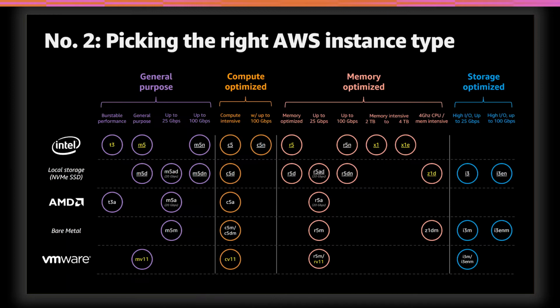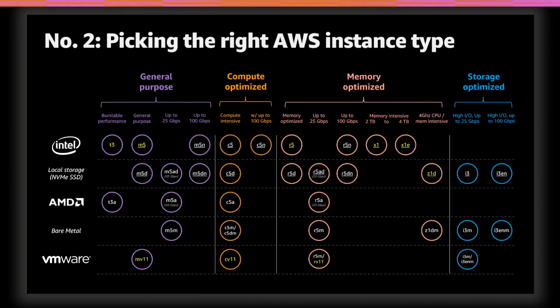The underlined ones are available in dedicated hosting. And I will talk a little bit more on why knowing dedicated hosting is important in SQL Server environments. But also keep in mind that we have multiple types of instances. We have compute optimized, we have memory optimized, we have instances such as the X1E that will give you a lot of memory with a low power of CPU, a low number of cores, precisely, right?